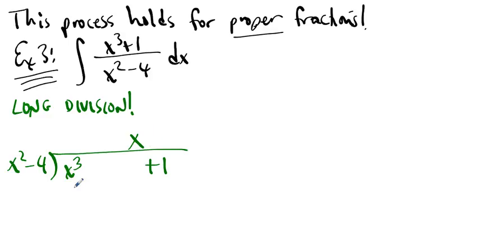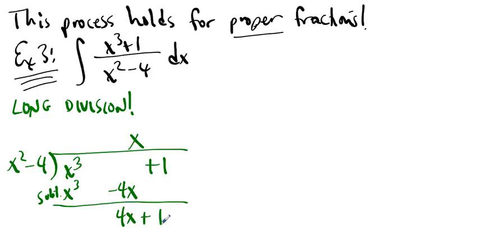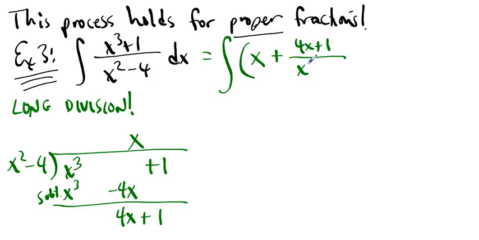And then when you were in 3rd grade, you multiplied, and subtracted. And if you subtract, you get 4x plus 1. Well, this degree is less than that degree, and so we're done. This integral is the same as the integral of x plus remainder over divisor.